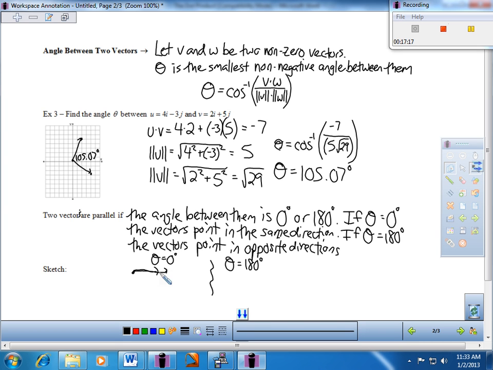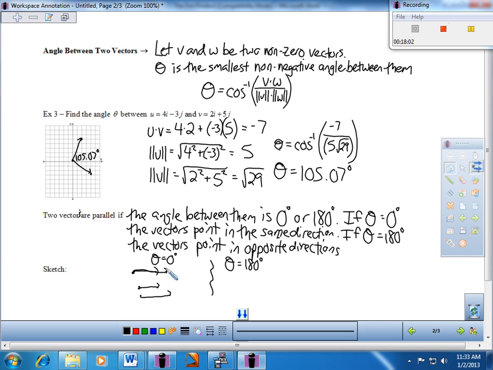So the starting and stopping point are arbitrary. By putting the vertices in the same spot, you see the angle is 0 degrees. But if I don't put the vertices in the same spot, they're two vectors that are parallel. They're going in the same direction, and they don't touch. So that's the way around this piece. These two are parallel, and if I put them together and found the angle between them, it would be 0 degrees.